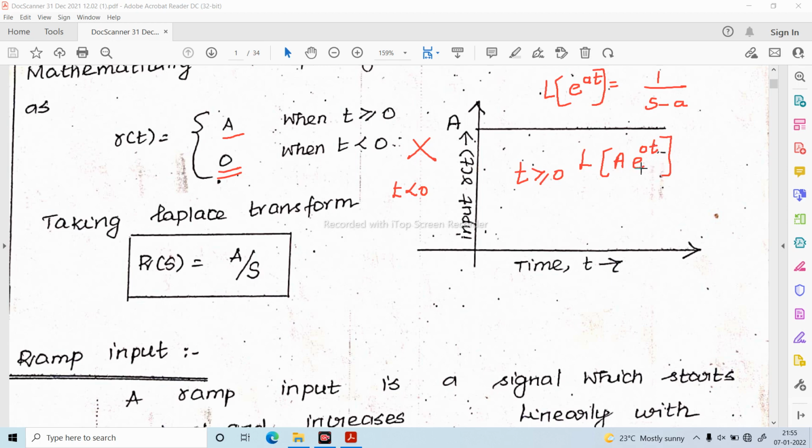If we multiply the constant with e power 0t, there is no change of value. So A into the Laplace transformation of e power 0t, which is 1 divided by s minus 0. That is equal to A by s. So R of s is equal to A by s.